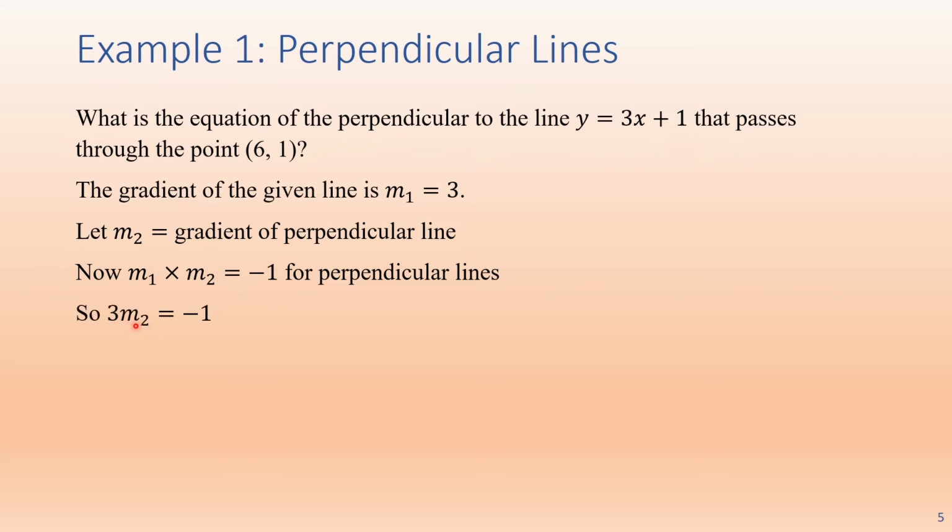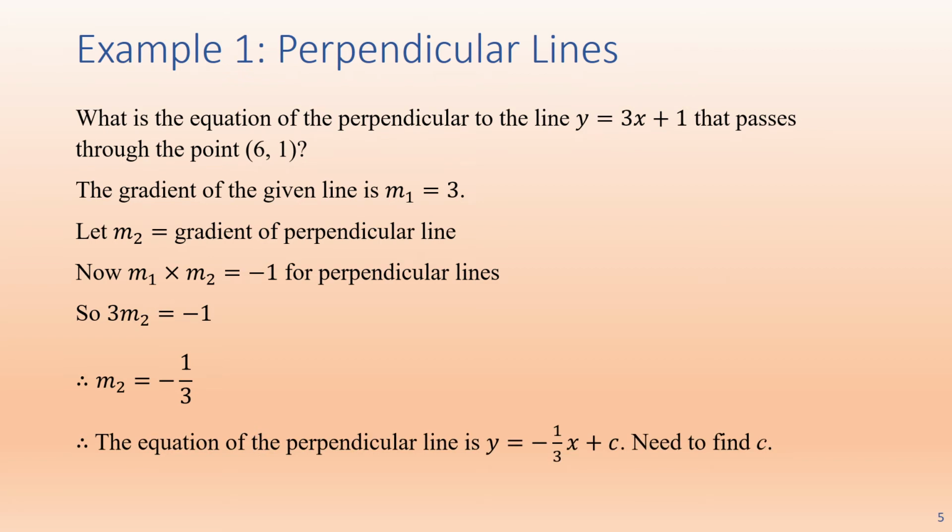So m1, which is 3, times the second gradient that we're trying to find equals minus 1. So our second gradient is minus 1/3. And of course we can find that simply by getting the negative reciprocal of the given gradient there.